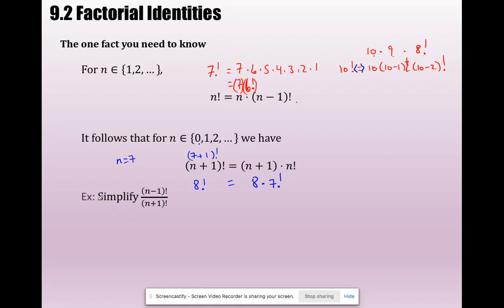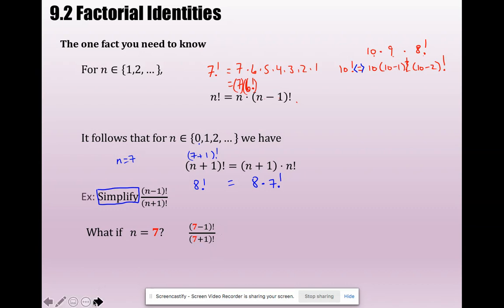So what if I asked you to just simplify? You're not solving, you're not proving, you're just simplifying. What if I want you to simplify this? First, I think to myself, well, what if n was 7? I would have 7 minus 1 factorial over 7 plus 1 factorial.